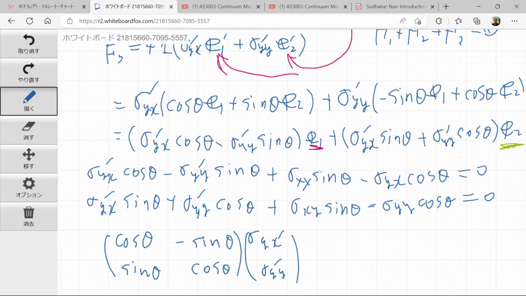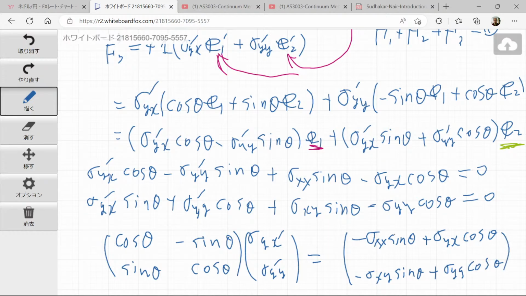Yeah, so this is equal, with a sign change, so it's very complicated. Minus sigma xx sin theta plus sigma yx cosine theta minus sigma xy sin theta plus sigma yy cosine theta. Yeah?